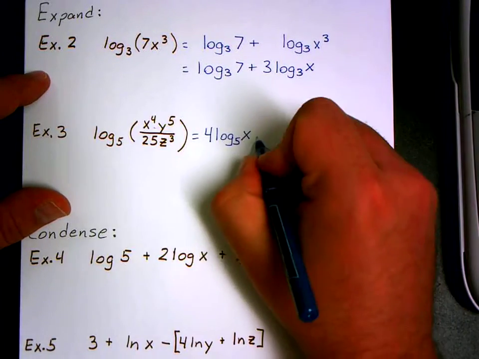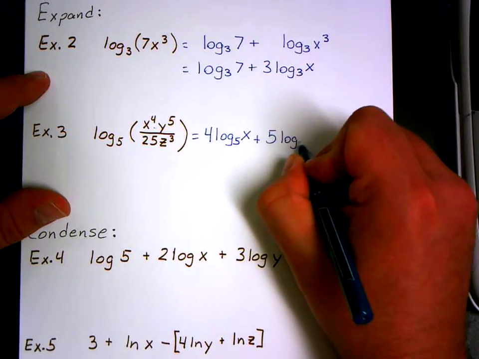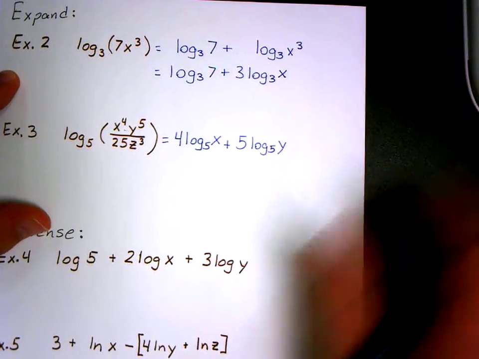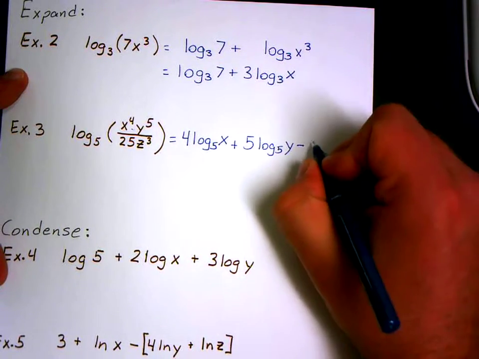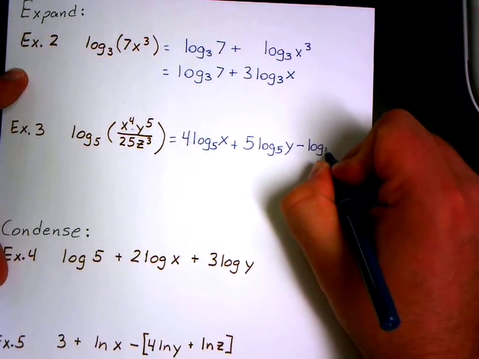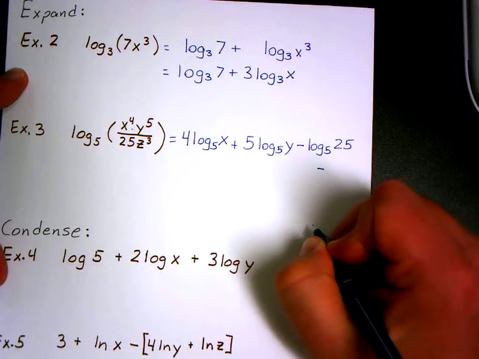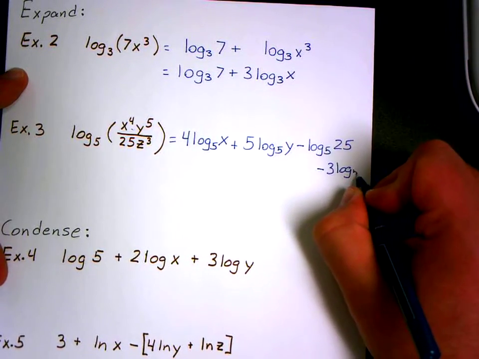Plus, because this is multiplication, 5 log base 5 of y. And then I start doing division. So minus log base 5 of 25 minus 3 log base 5 of z.